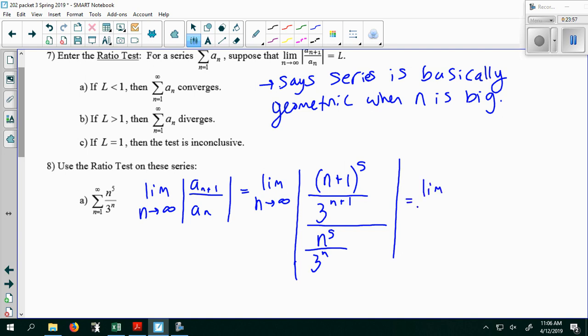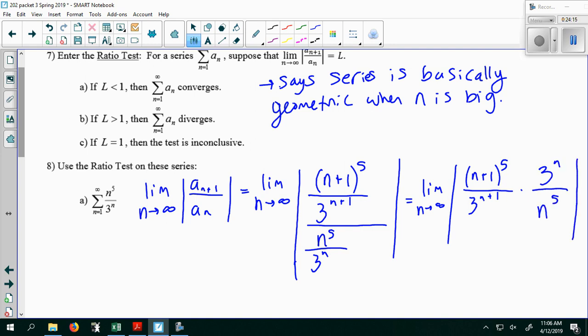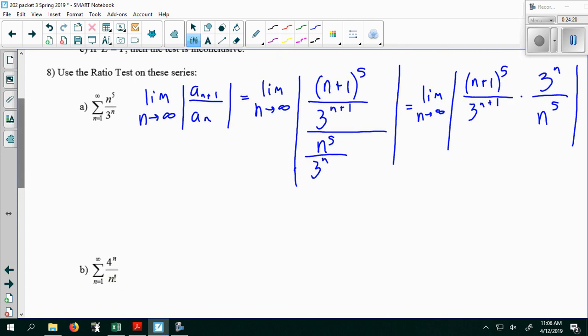So this is the limit as n goes to infinity of n plus 1 to the fifth over 3 to the n plus 1. And instead of dividing by this fraction, I'm going to multiply by its reciprocal. So multiplied by 3 to the n over n to the fifth. So now I'm going to try to simplify this.